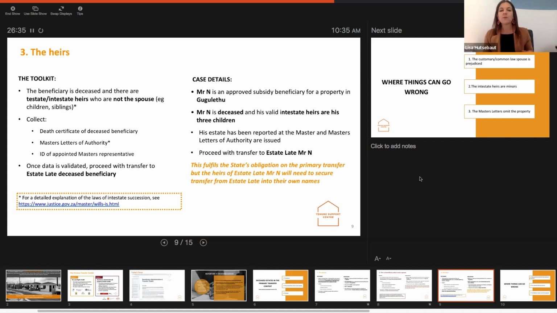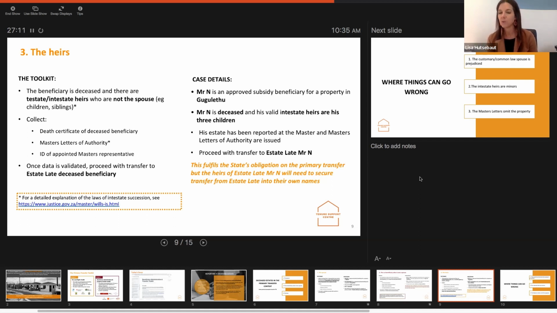So the process is very similar to the one we've just discussed. You would basically collect the death certificate of your deceased beneficiary and the master's letters of authority. So again, you would have had to advise that family to go and report the estate and wait for master's letters to be issued so that they can bring you the master's letters of authority, as well as, once again, the ID of the person who's been appointed in terms of those master's letters, because that is the person who would actually sign the sale agreement with the city or the province or whoever.